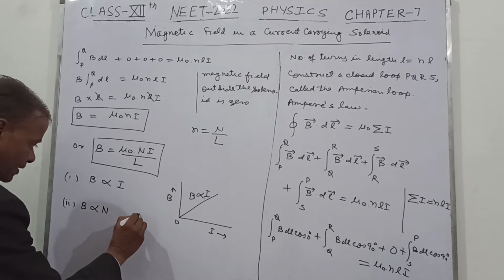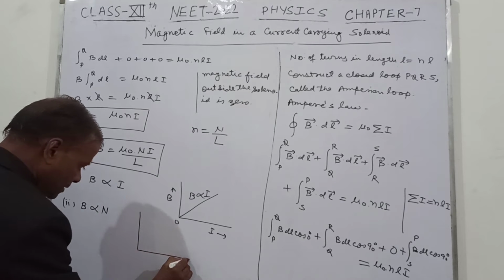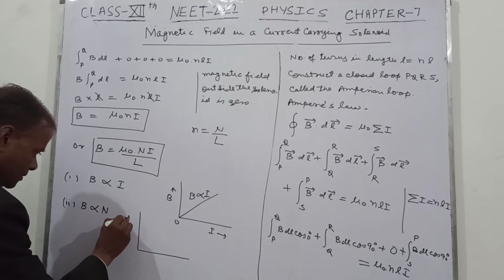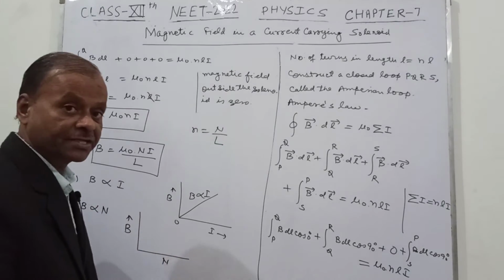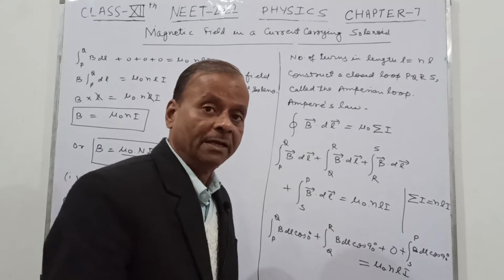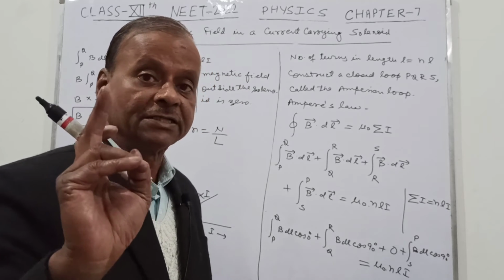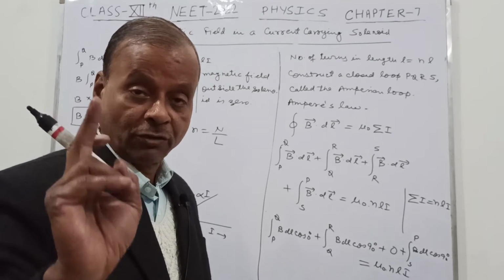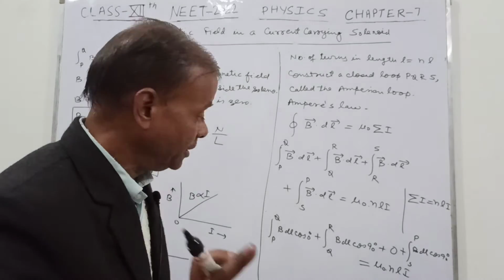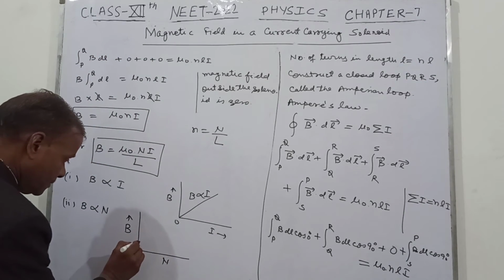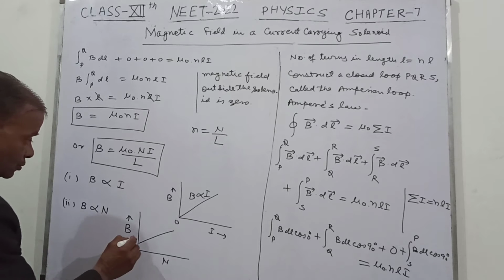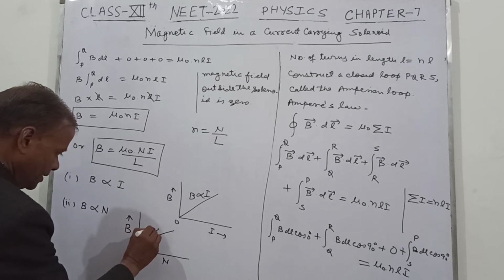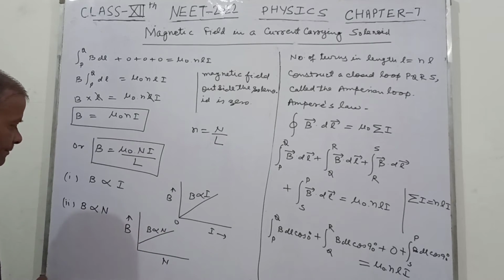So now here we are having the variation like this. B, and this is now N. Since the number of turns cannot be equal to 0, at least there will be one turn, that is the circular coil of one turn only. It means that this will lie somewhere else from here. So this shows B is proportional to N.